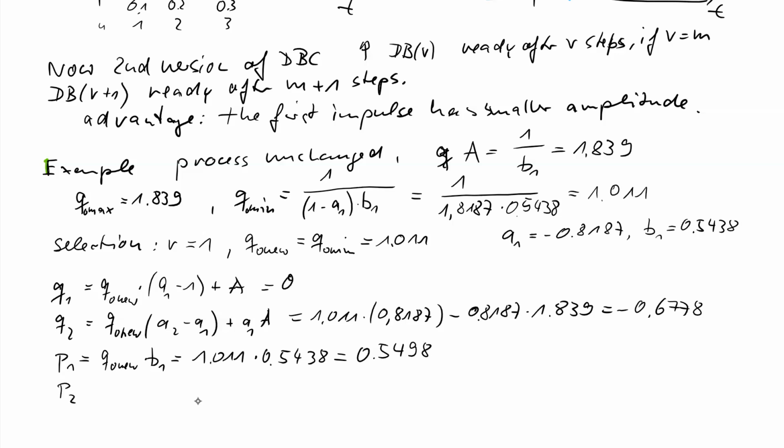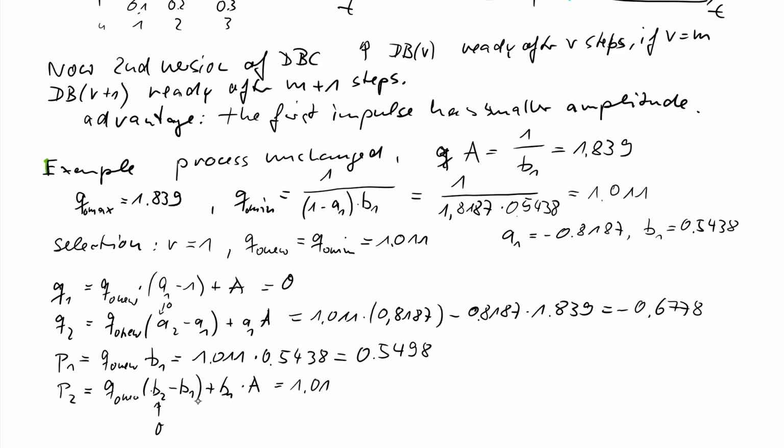And there is a P2, which is Q0 new times B2 minus B1 plus B1 times A. This, of course, is 0. No, this was also 0.